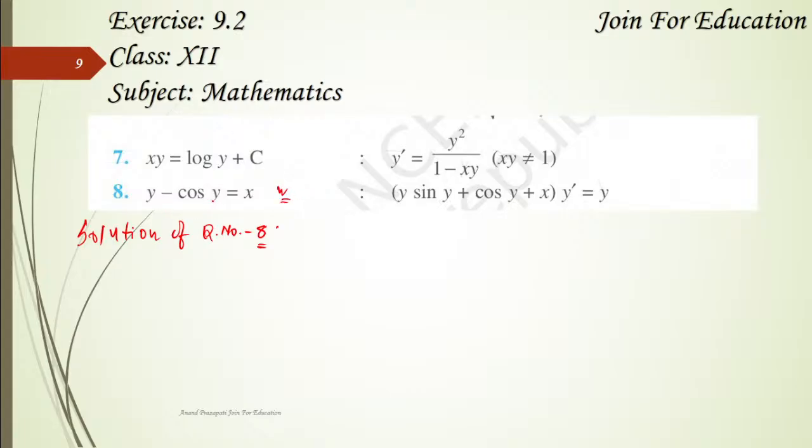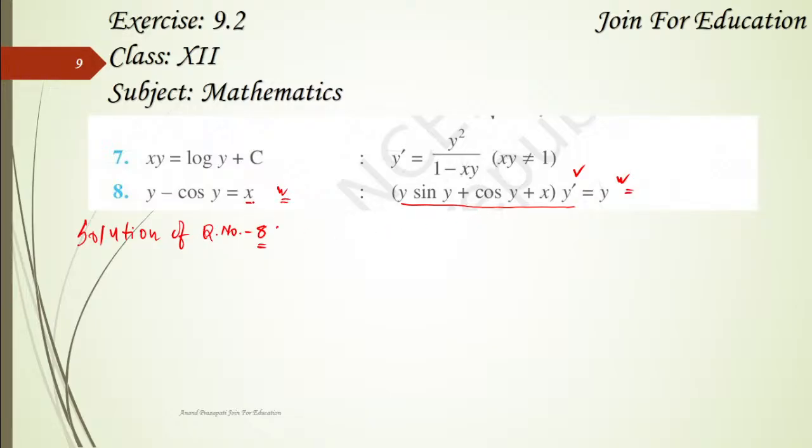y - cos y = x, and it asks us to verify this: y(sin y + cos y + x) = first derivative of y. There is no problem to understand the question. So we find out what is the value of x.